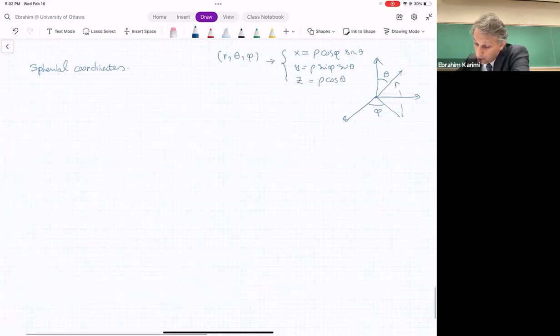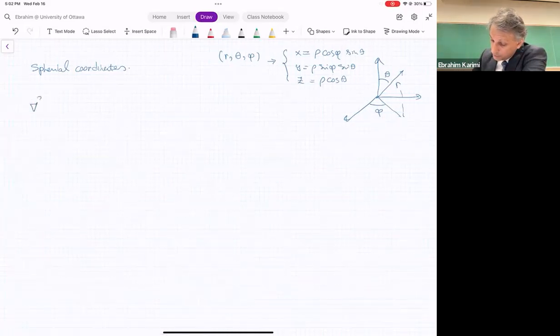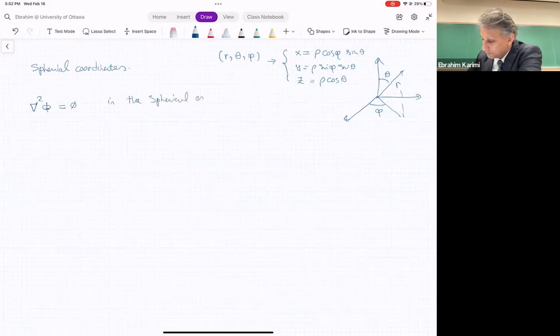So now we want to solve the Laplacian of phi equal to 0 in spherical coordinates. So the Laplacian in spherical coordinates, let's write it down. Oh gosh.